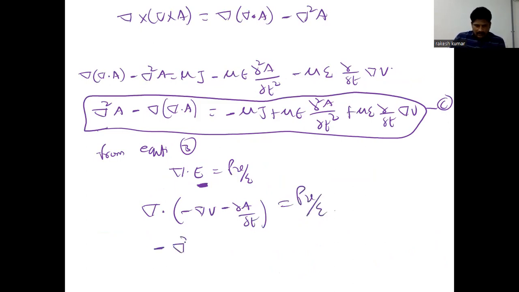So simply multiplying that, minus del square V minus del by del t of del dot A is equal to rho V by epsilon.